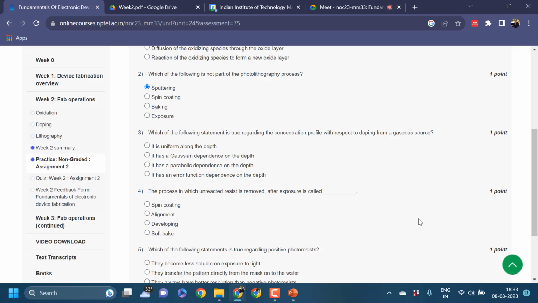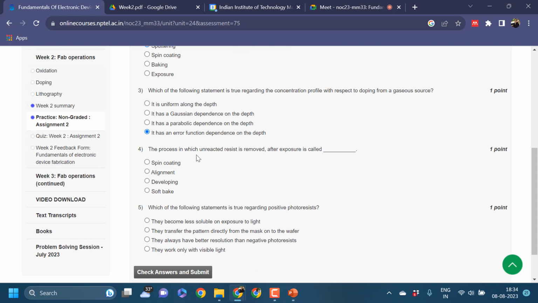So if it is a gaseous source, what kind of dependence will it have with the depth? That is, C(x,t) will be a function of what? It has an error function dependence on the depth.